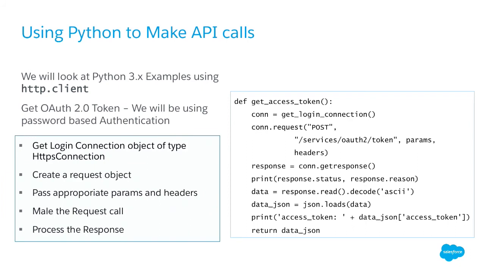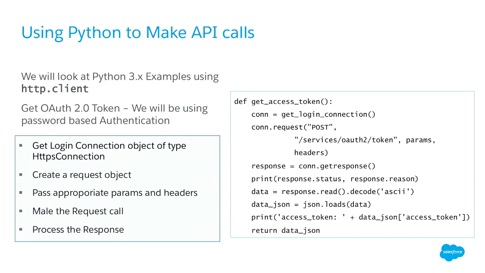If you look at the steps, what's happening? First we get the HTTPS connection. Remember, all the calls you are going to make in force.com are HTTPS, TLS compliant, okay? Now, first you make a request object, we make a POST request object, then we make the call with the appropriate parameters, we get a response.